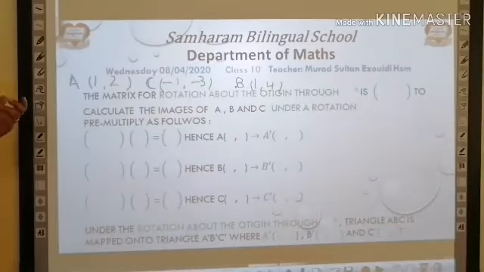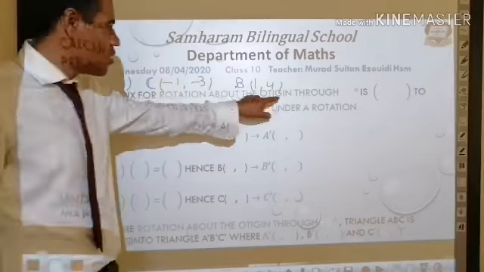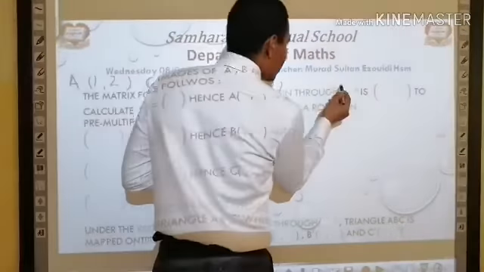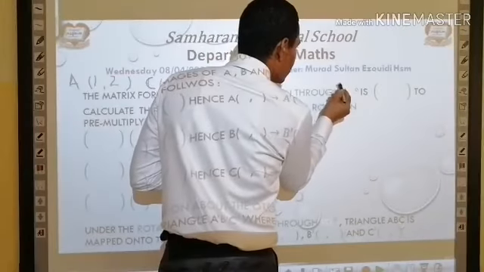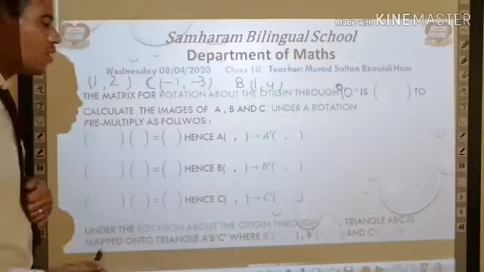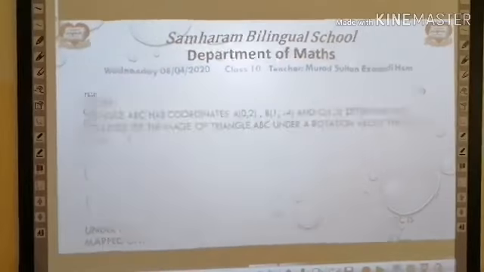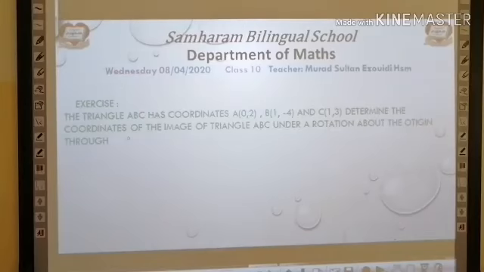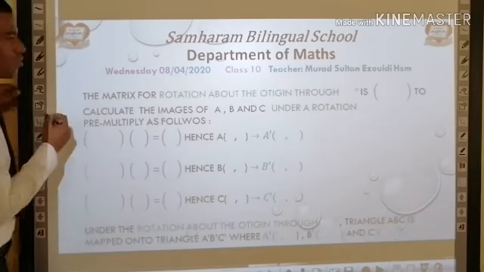Now, the matrix for rotation about the origin through 90 degrees, my kids, is what? We told you that. So here we have an exercise. A of coordinates 0, 2, B of coordinates 1, negative 4, and C of coordinates 1, 3.